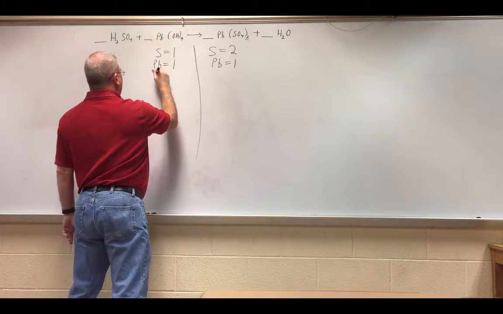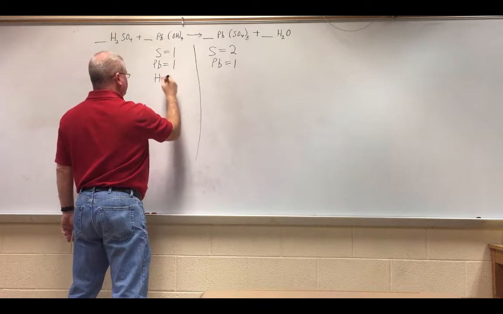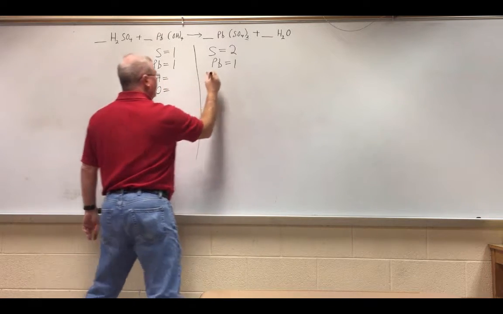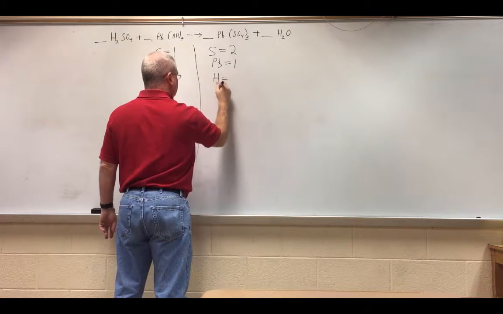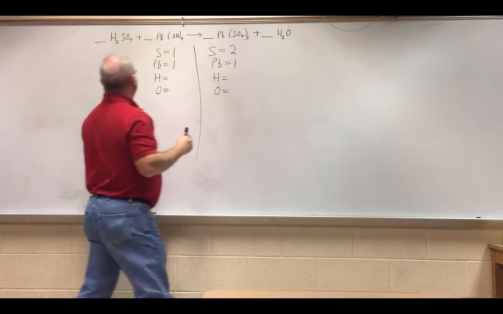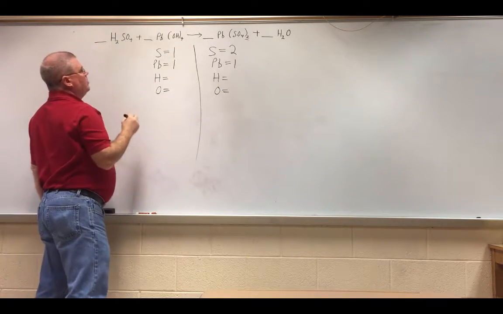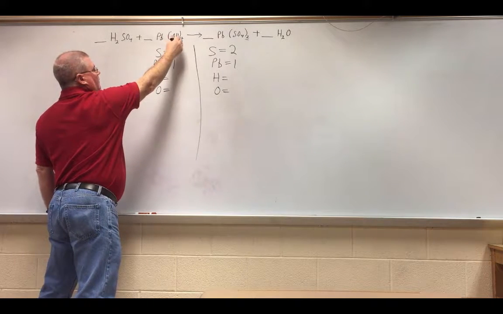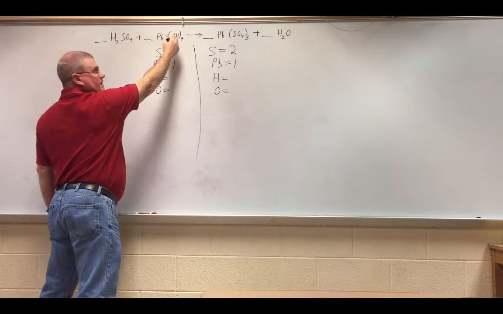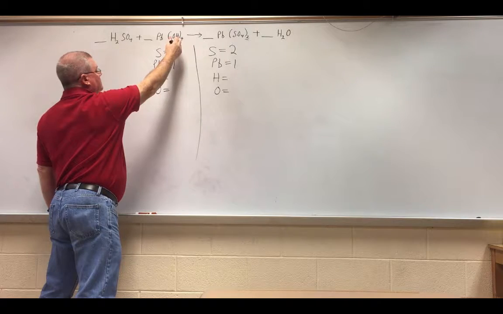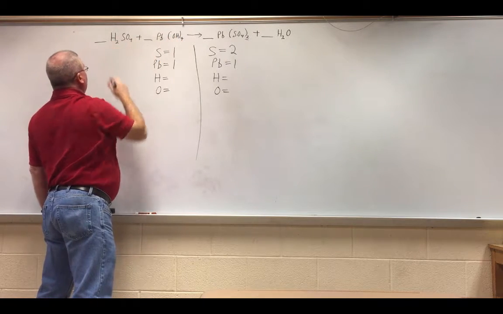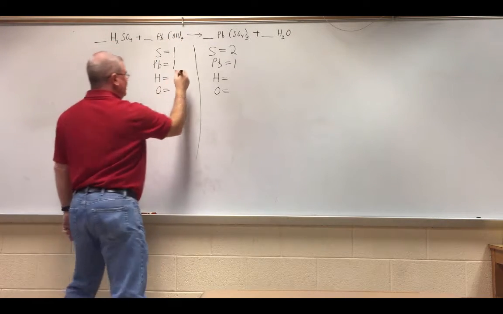Now, let's do our hydrogens and oxygens. On the hydrogens, we have 2 over here. That's understood 1 inside the parentheses, so 4 times 1 is 4, plus the 2 is 6 hydrogens.